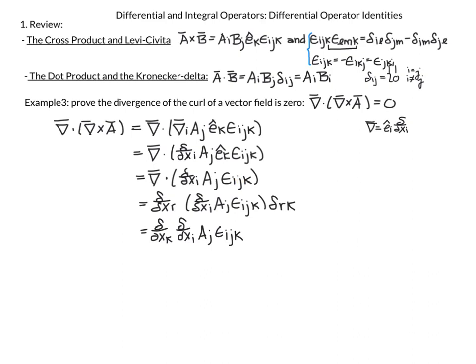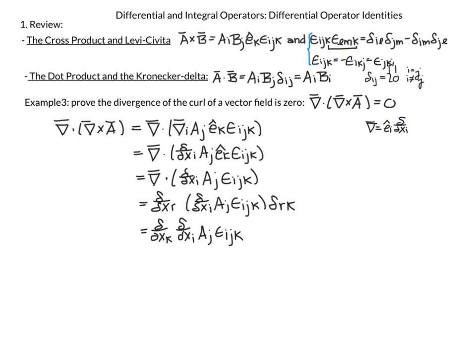Now I'm going to do this del operator dotted with this kth component here of the cross product. So my del operator is a sub i times b sub j, delta sub ij. I can't reuse i for this del because I've already used it for this del over here. So I'm just going to use the index r. So partial derivative with respect to r. This is, again, the kth component. So my Kronecker-Delta is going to be r and k.